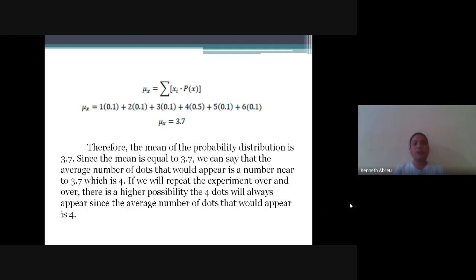So we round it to the nearest whole number, that's why it becomes 4. If we repeat the experiment over and over, there is a high possibility that 4 dots will appear, since the average number of dots that would appear is 4. That would be the mean.